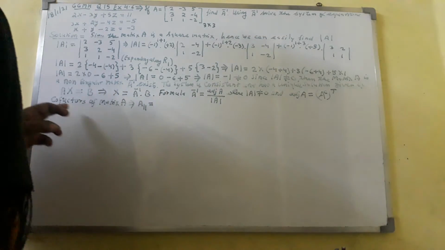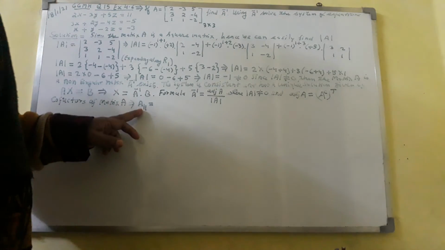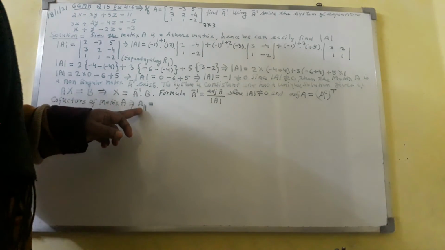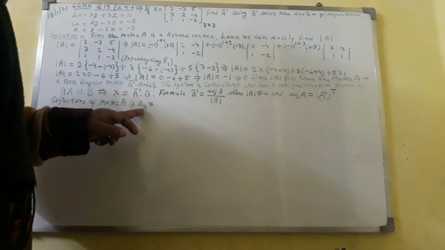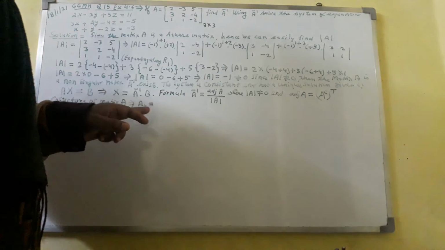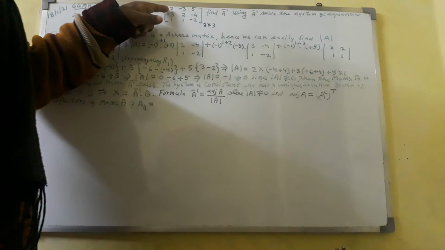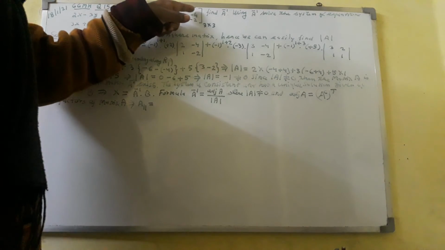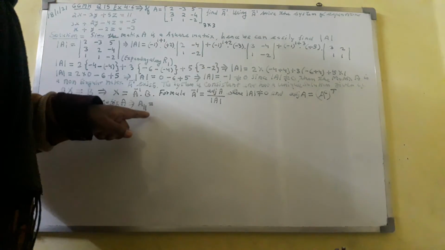Cofactor of matrix A implies A11. A11 means A is the matrix A, first one represents row position, and second one represents column position. So 2 is there in first row 1 and first column 1, this one.